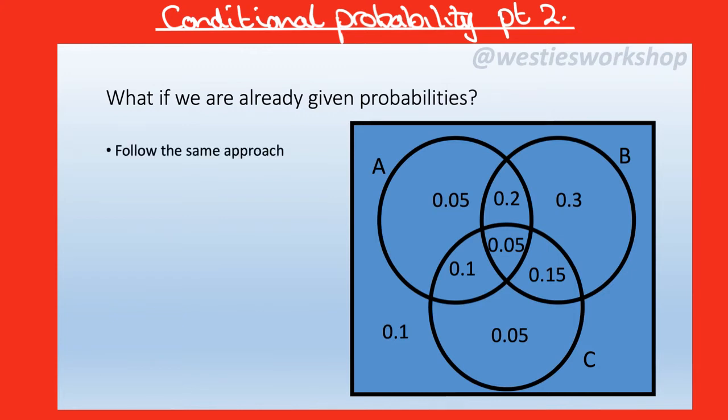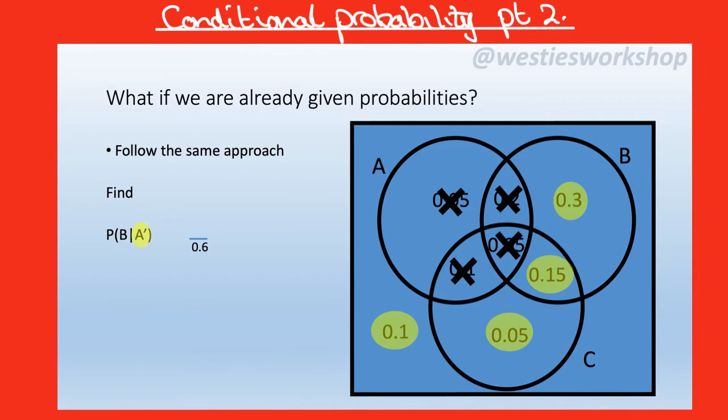In this question, the probabilities are already given. Follow the same approach. Find the probability of B given not A. So not A is 0.1 plus 0.05 plus 0.15 plus 0.3, which is 0.6.